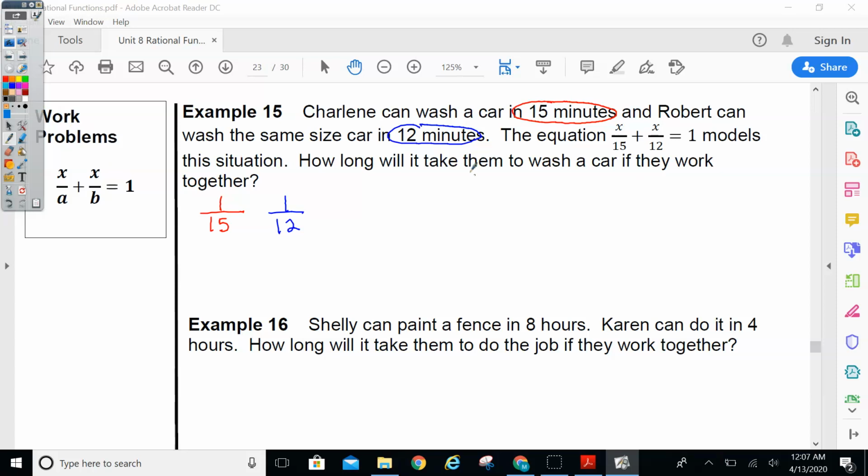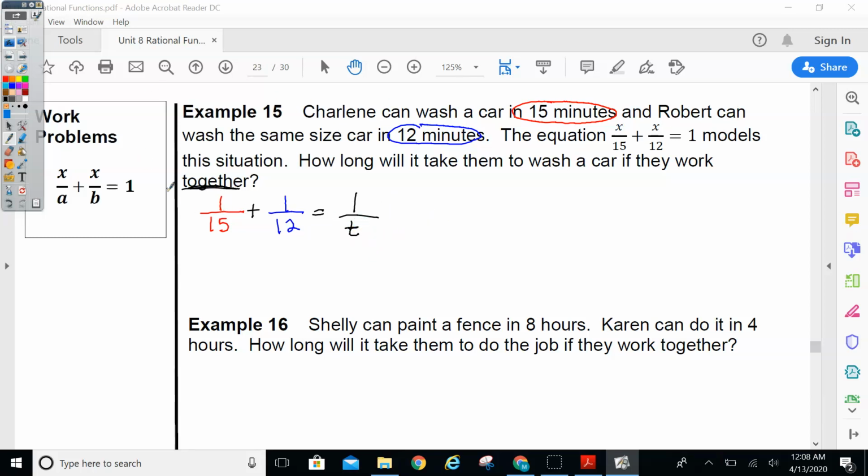If they work together, so together is adding, how long will it take them to do one car? So one car in how many minutes? Or I guess X, whatever you want to call it. So this is how they originally set it up.